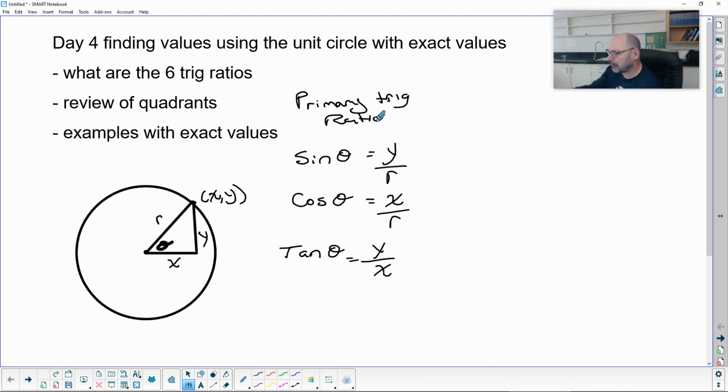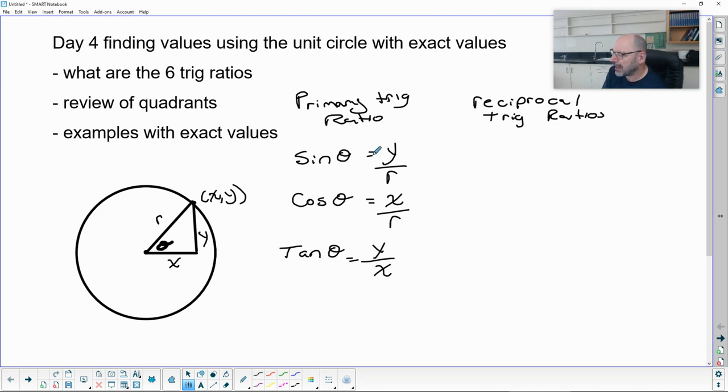We can use them with approximate values with a calculator, decimal values, and we can get exact values for special triangles. And then the reciprocal ratios.